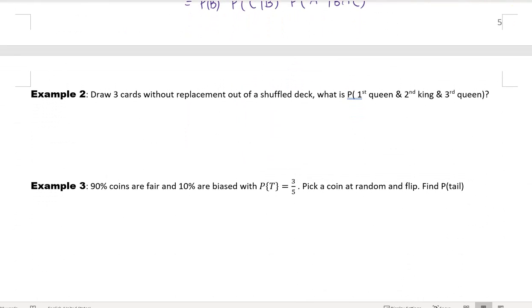Alright, example 2. Draw 3 cards without replacement out of a shuffled deck.